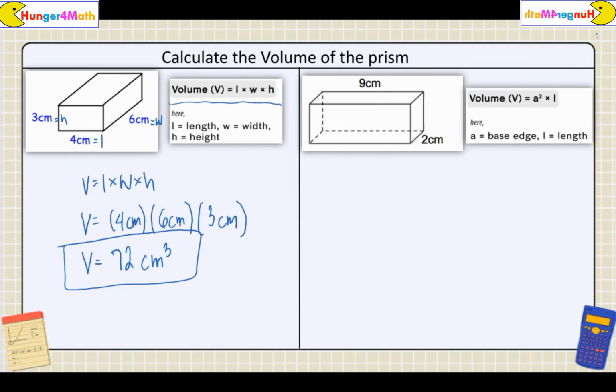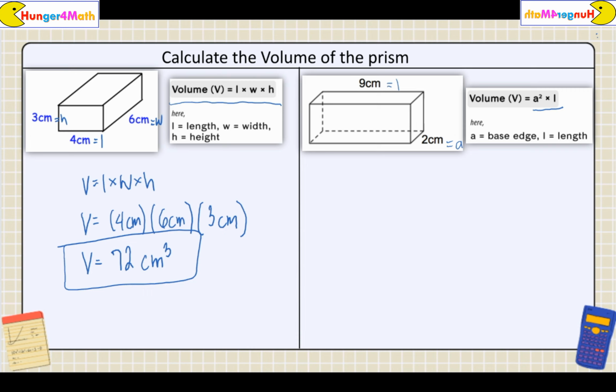Next, we have a square prism. So the formula of the volume of a square prism is A square times L. A stands for the base edge and L stands for the length. Now, the given dimensions are 2 cm, which will be your A, and the 9 cm, that will be the length.